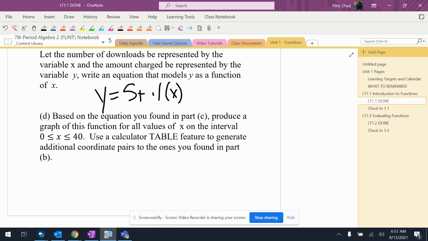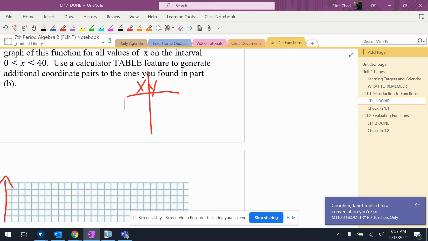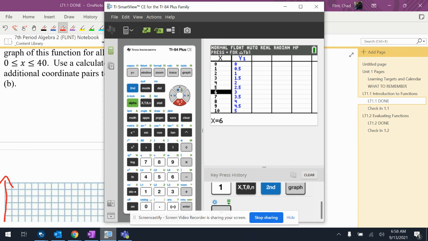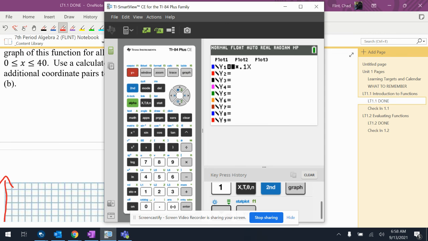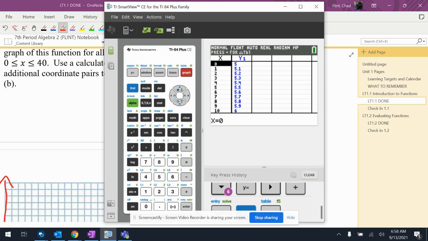I'm going to make a little table here, X, Y. It's probably a better way to do this if I'm better with the calculator, but I'm going to do it this way. So 5, oh, hang on a second. That's not done correct. It's not 5 times, it's 5 plus 0.1x. Sorry. I typed my thing in wrong.